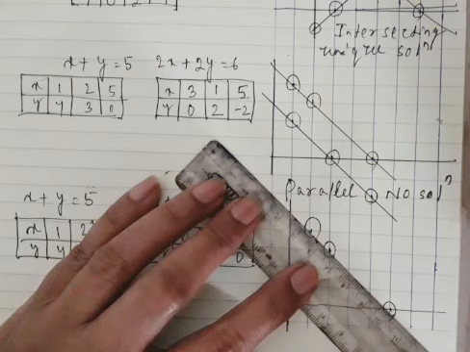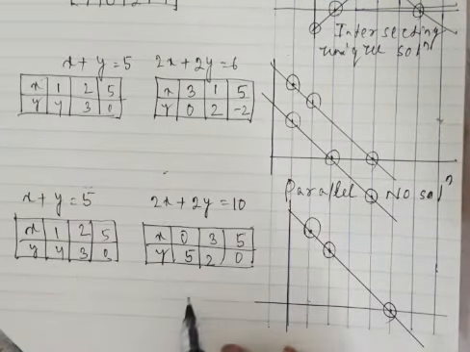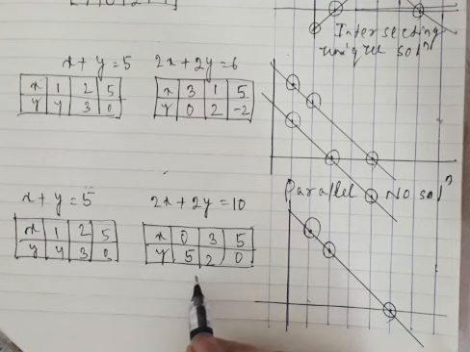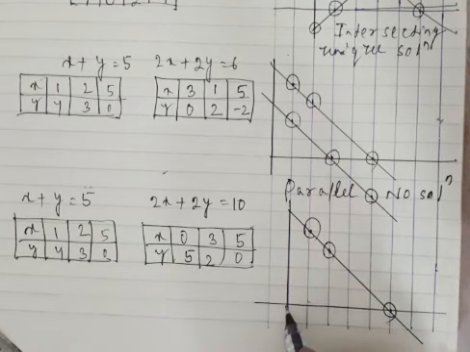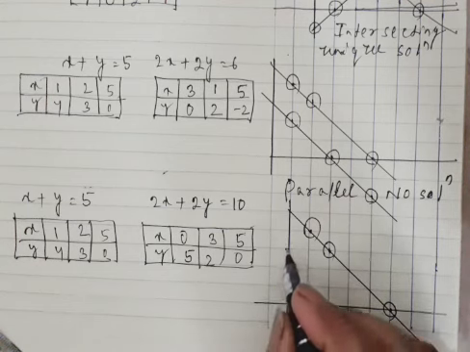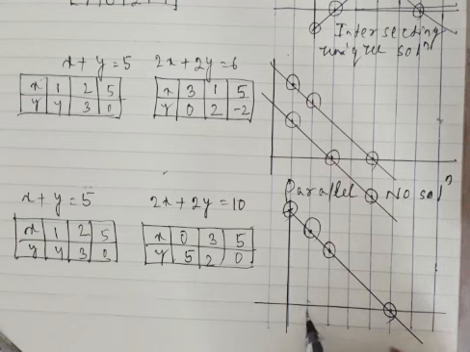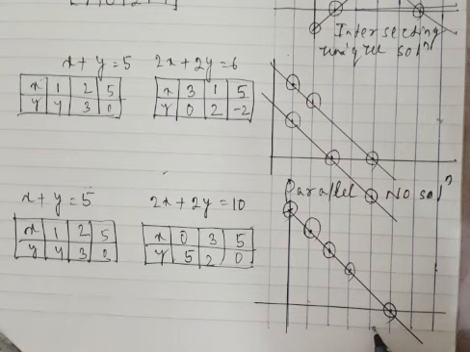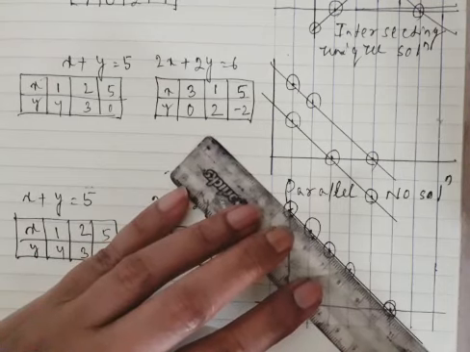This is the graph for the first equation. Now let us draw the graph for the second equation. 0, 5; this is the point 3, 2; this is the point 5, 0. So again the same point. Now again let us join all the points to draw a line.